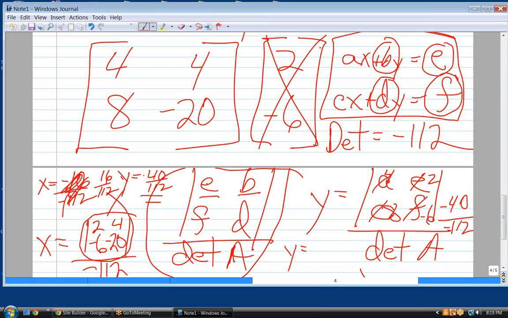And notice for the y variable, it's A and E, and C and F. In other words, it's the coefficients that aren't part of that variable, going from left to right, always. And that same system applies to a 3 by 3 matrix. You go from left to right, you ignore the coefficient on the variable you're trying to solve for.